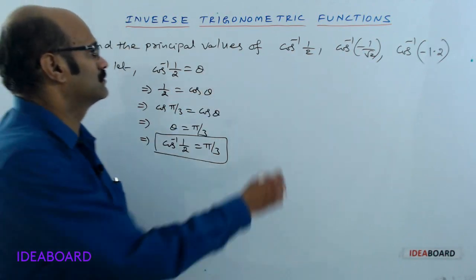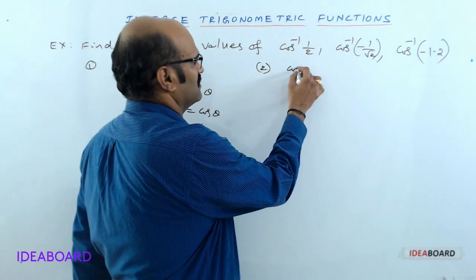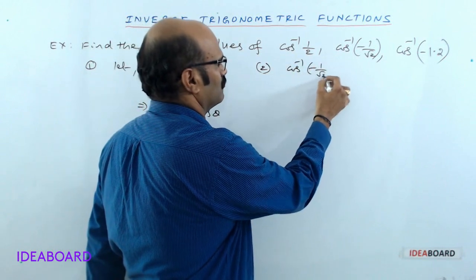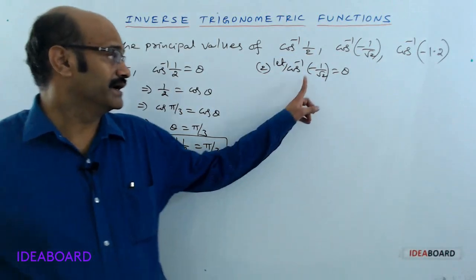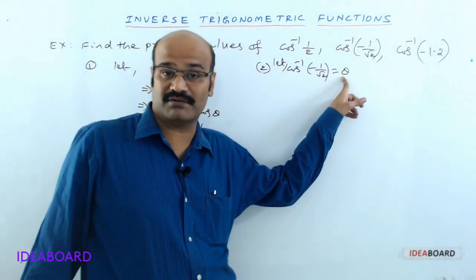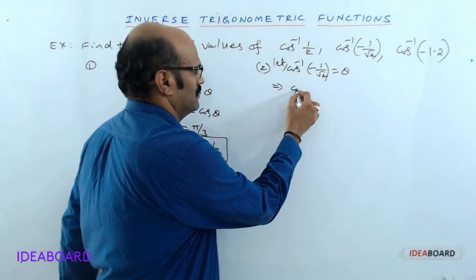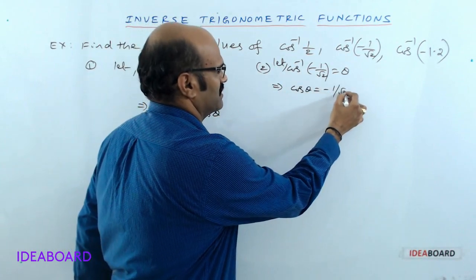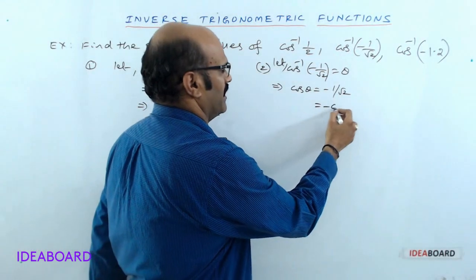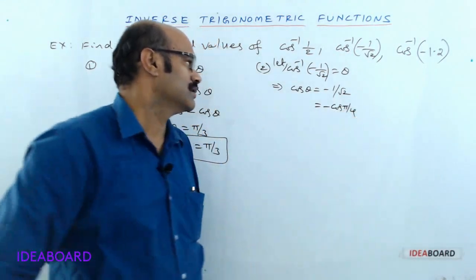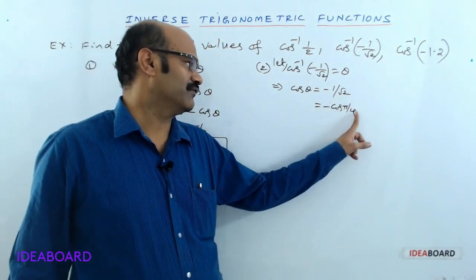Now, second one, cos inverse of minus 1 by root 2 equal to theta. It implies we have cos theta equal to minus 1 by root 2. Now, it's equal to minus cos pi by 4, since 1 by root 2 means cos pi by 4.